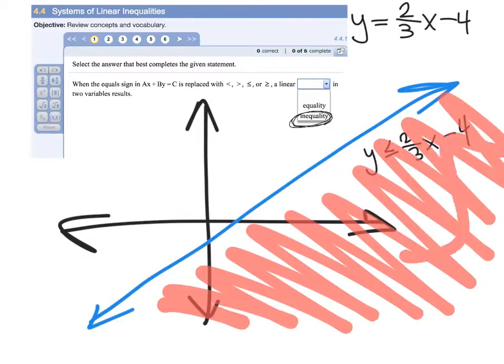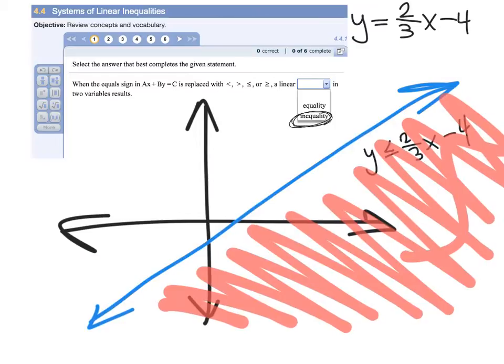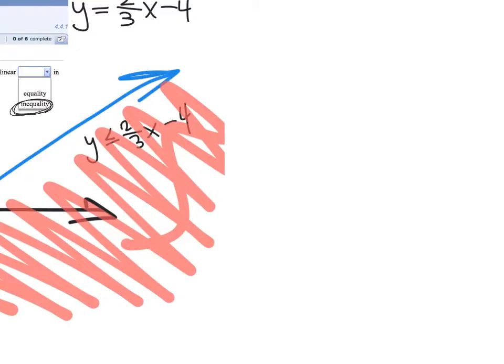All right. Now here's another way you can show that you would shade below. So one way is you choose a point on either side of the blue line. And I'm going to choose this point right there because it is 0, 0. All right. And then what I do is I take my inequality.